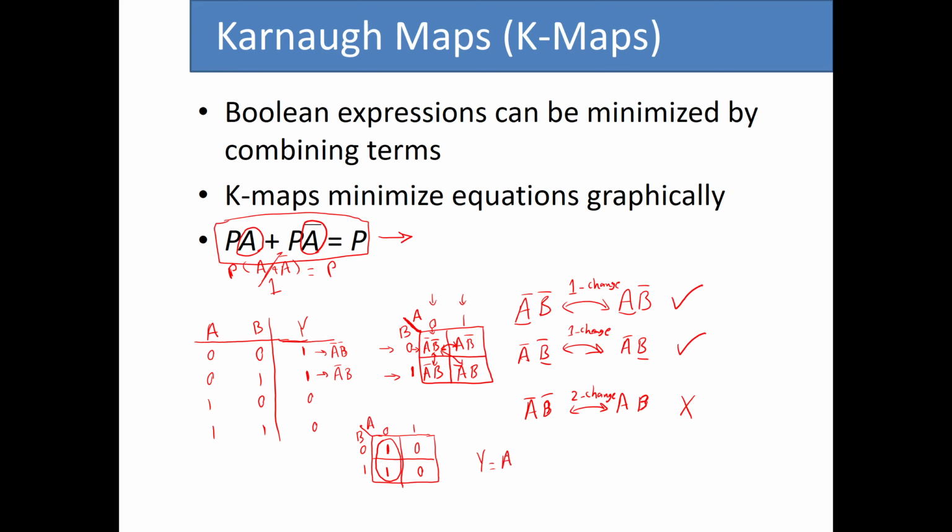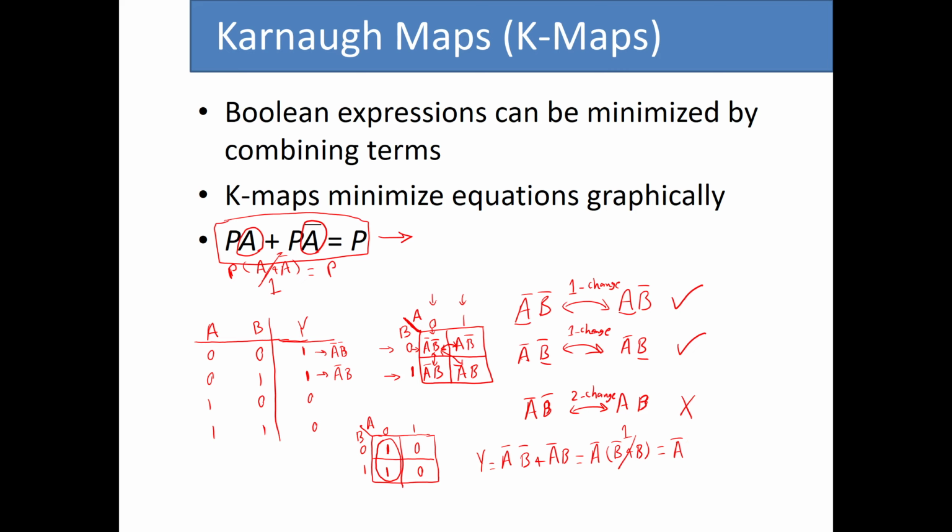So we have a bar b bar plus a bar b. So from the theorem, we can easily see that a bar is common between the two. So we can factor out a bar, and then we have b bar plus b. This is simplified to 1, and then we have a bar here.